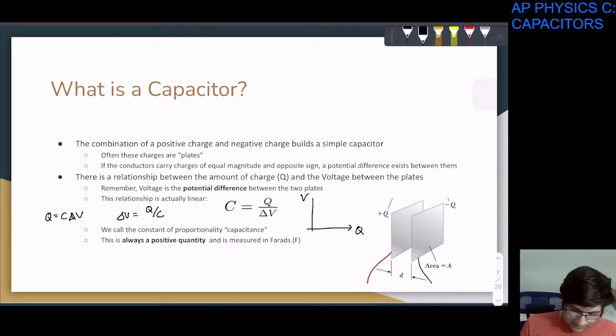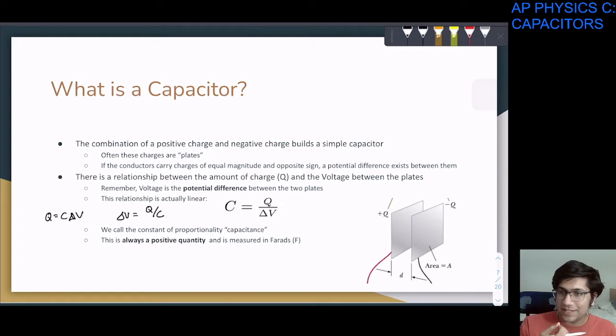I guess I won't plot it because there's multiple ways to plot it. But you can see that if you double your V, then Q also doubles. So in this case, you have a graph that looks like this over here, where if you double V, your Q also increases, where the slope of this line, m, is equal to C. So experimentally, we've determined that it's a linear relationship, and we assign capacitance to be the constant of proportionality.